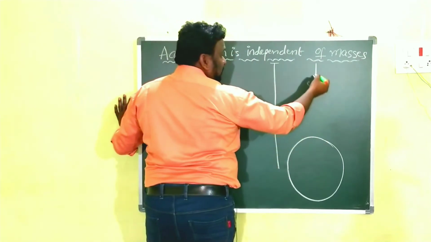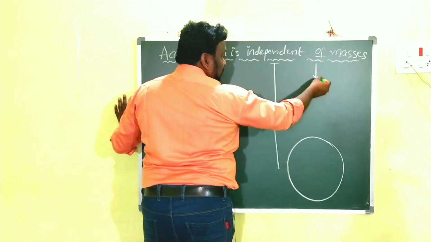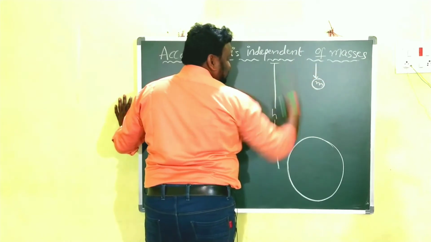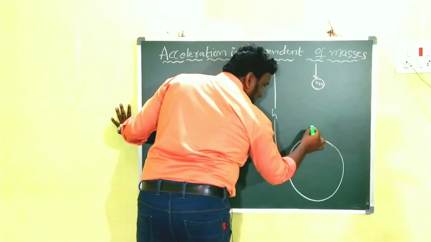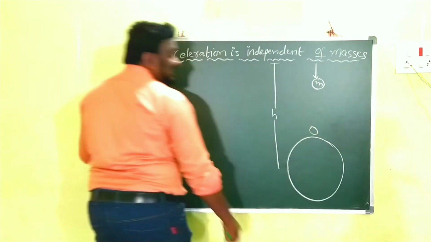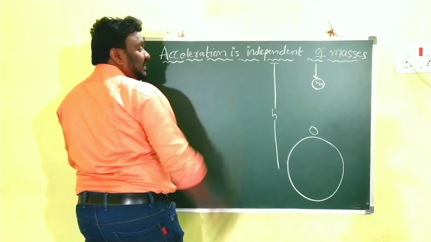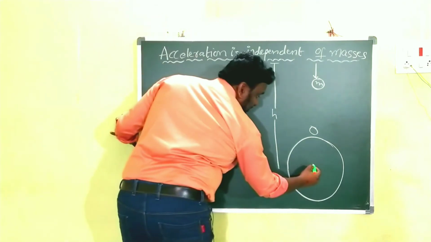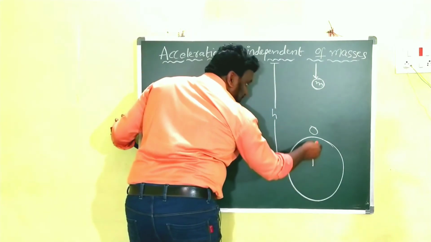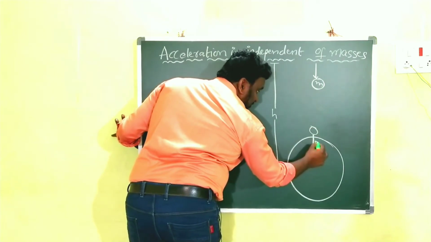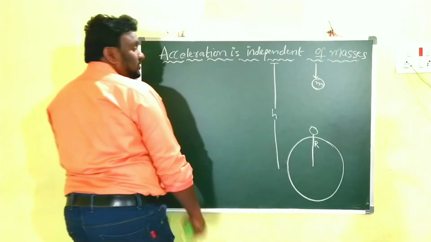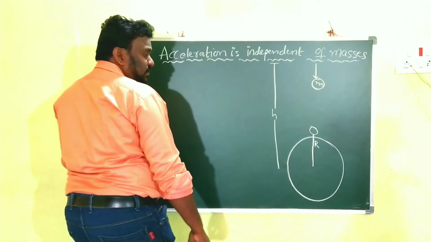Just imagine, children, the body of mass m is dropped onto the earth. When it comes very close to the earth's surface, the distance between the center of the earth and that body is r, nothing but the radius of the earth.